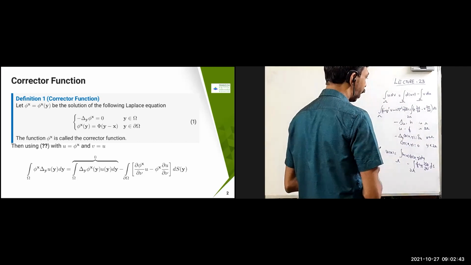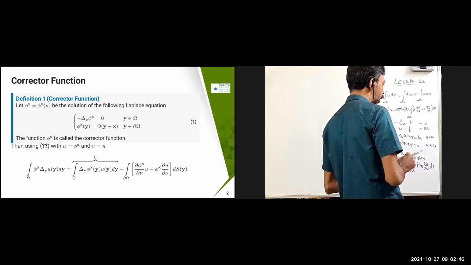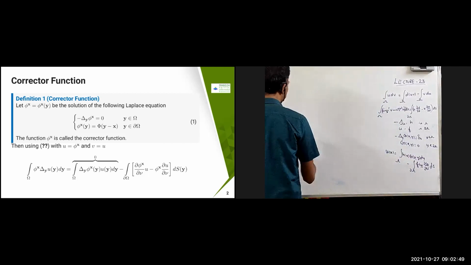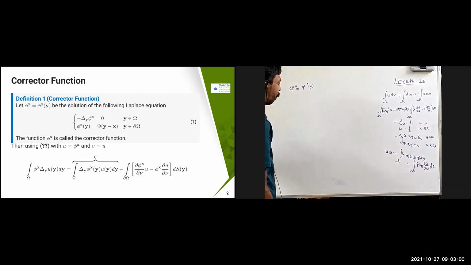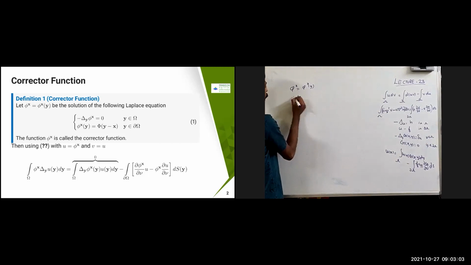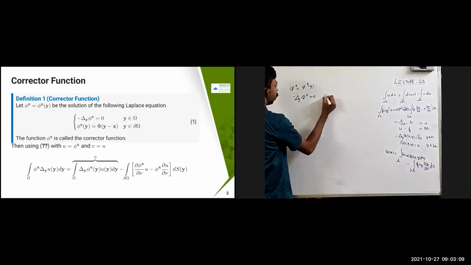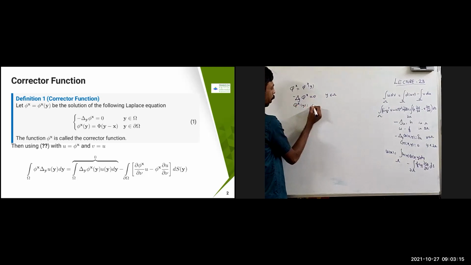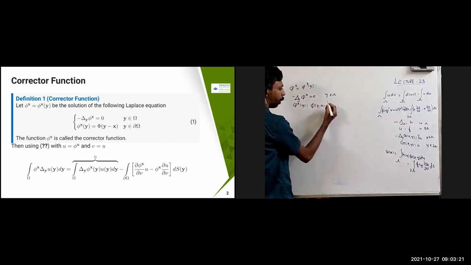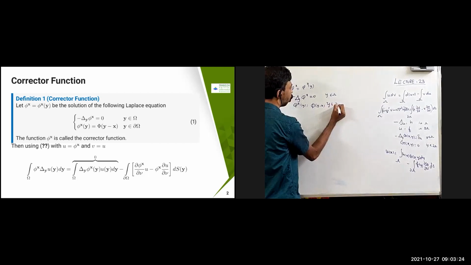Now, in order to get the solution further, we are going to introduce a function called the corrector function. That is, we are going to correct the solution. The corrector function is defined as follows: phi of xy, which is called the corrector function, is going to be the solution of the Laplace equation del y phi x equal to 0, where y belongs to omega, and phi x of y is going to be capital phi of y minus x, with the phi function we know already from the previous lecture, where y belongs to dou omega.